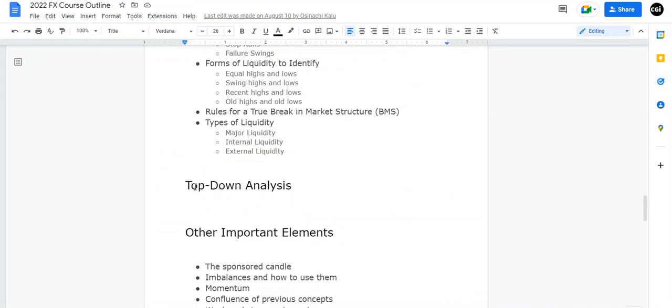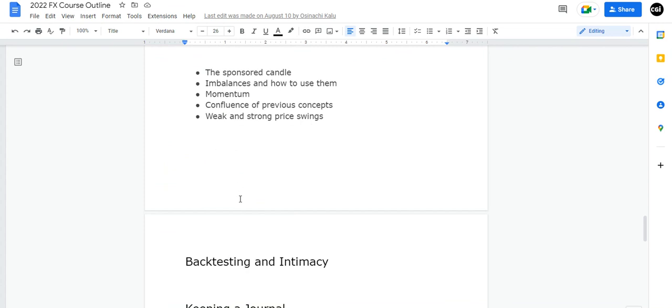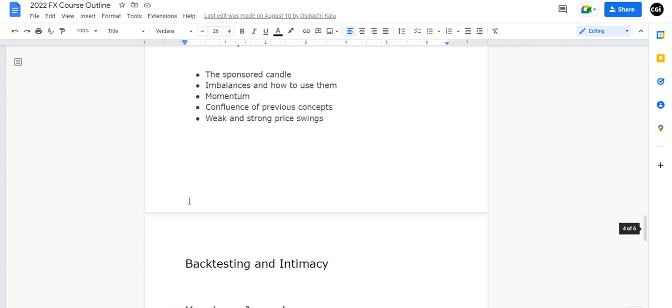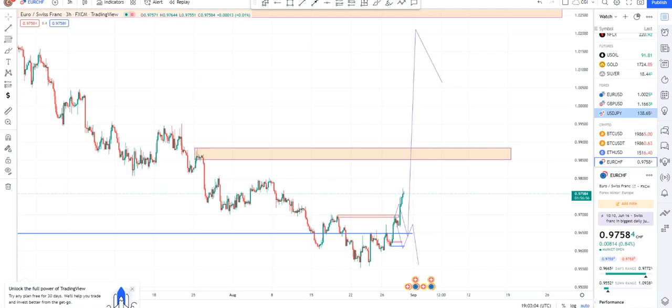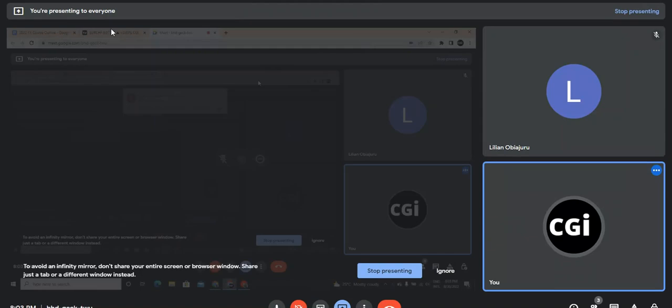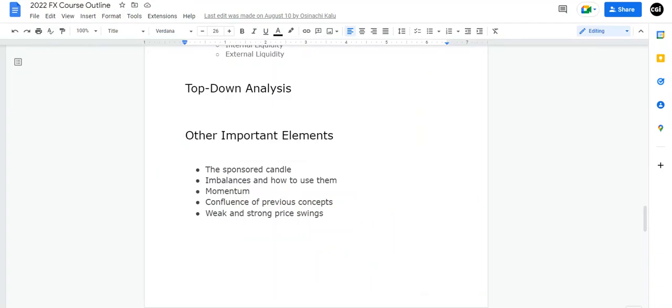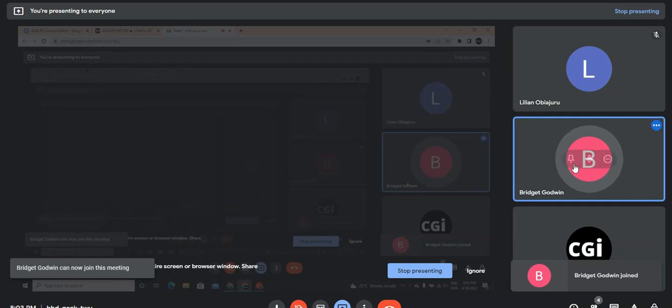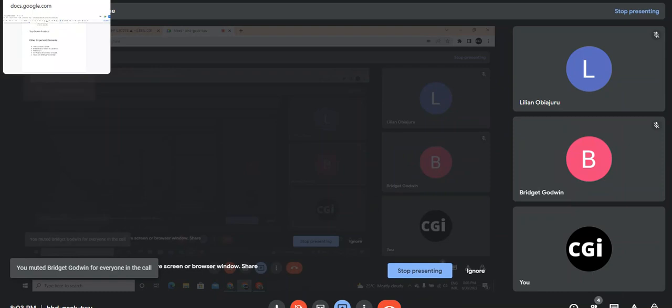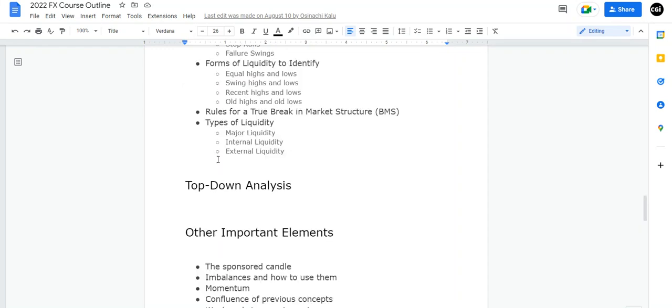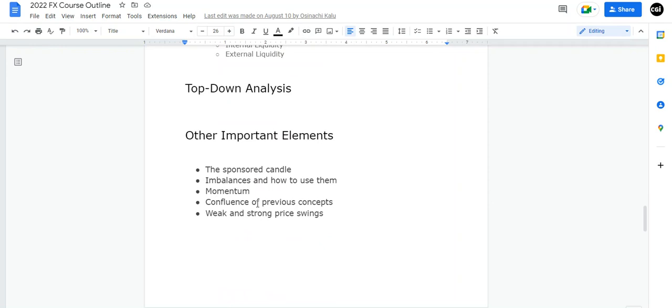So today, what we're going to be treating is top-down analysis. We're practically done with everything in this training. All that's left is just a little guide on how we can actually use them.